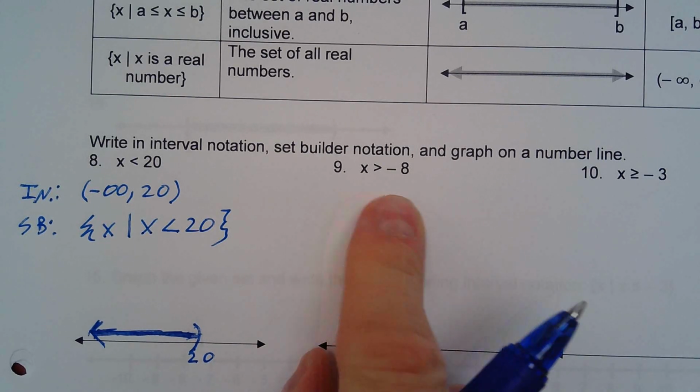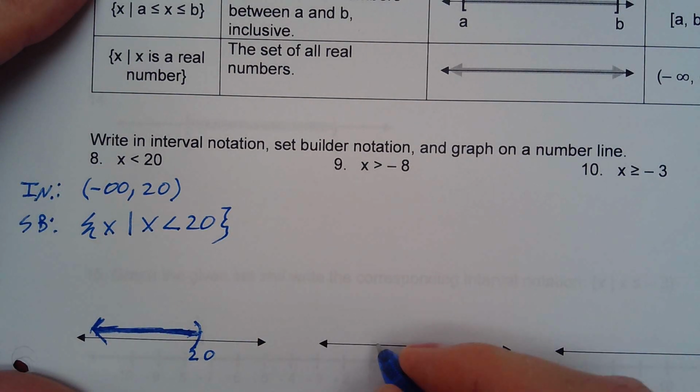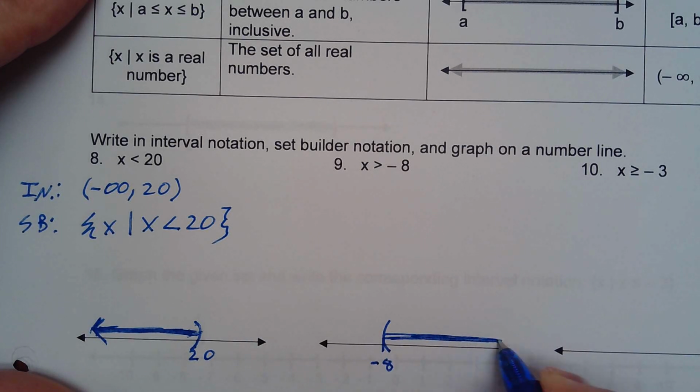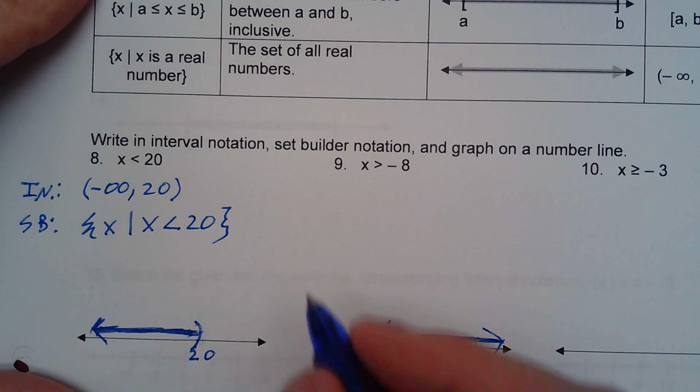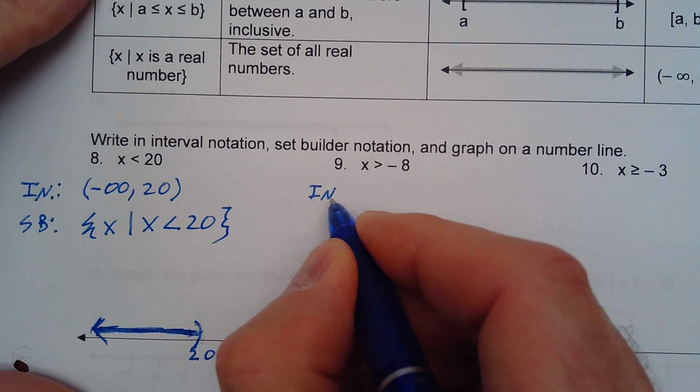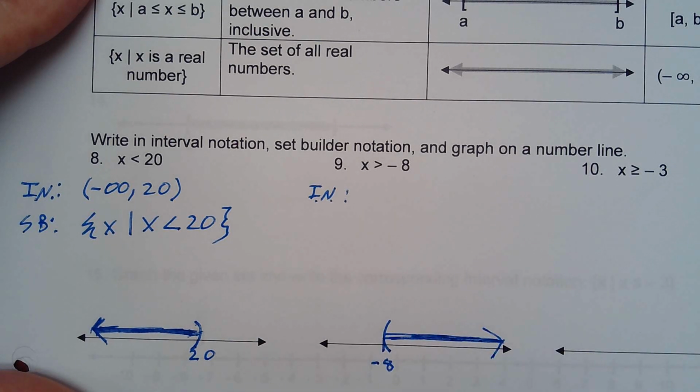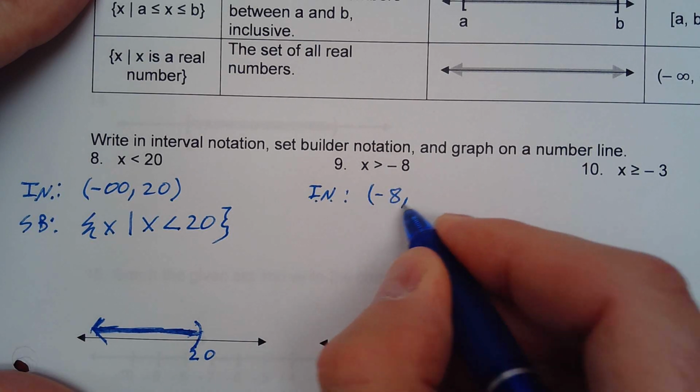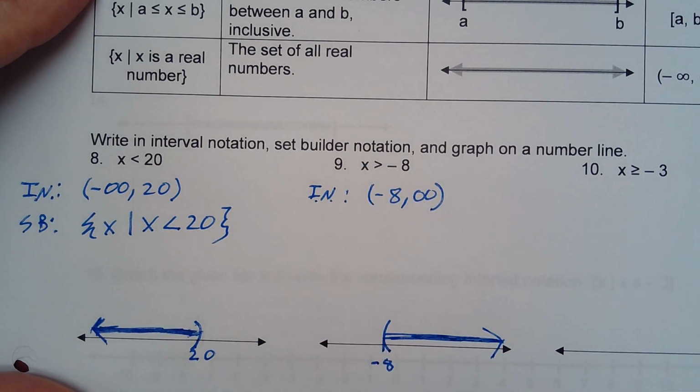Here, this would be x is greater than negative 8. So I'd find my negative 8, put a parentheses, and shade to the right. So my interval notation would be from negative 8 to infinity.